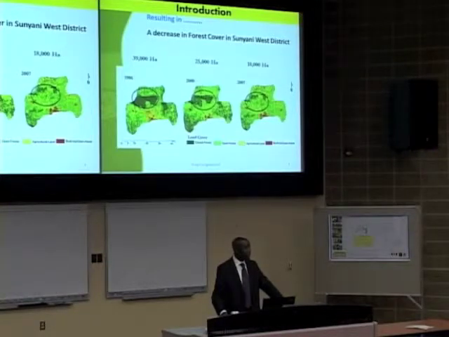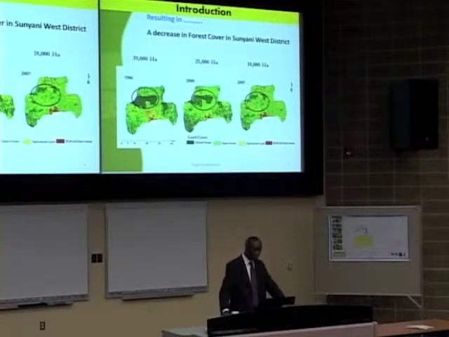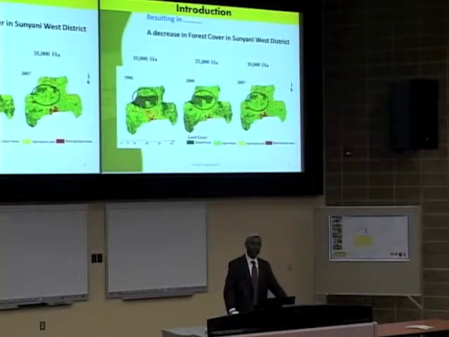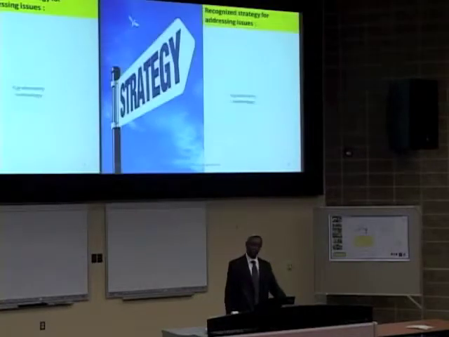The green areas that you see are the forest areas in 1996. When the satellite picture was taken, you see a reduction. By 2007, when we started the project, you see total degradation. The green cover disappeared.